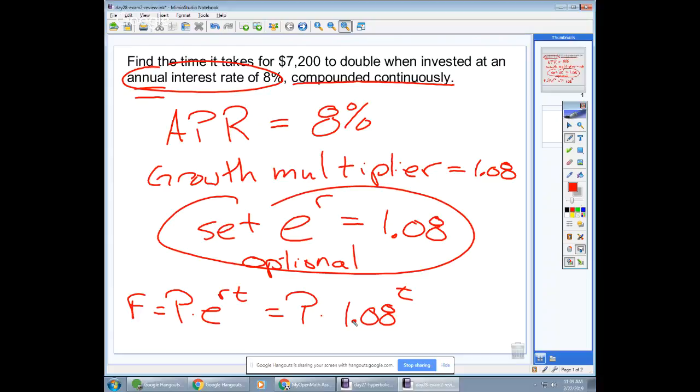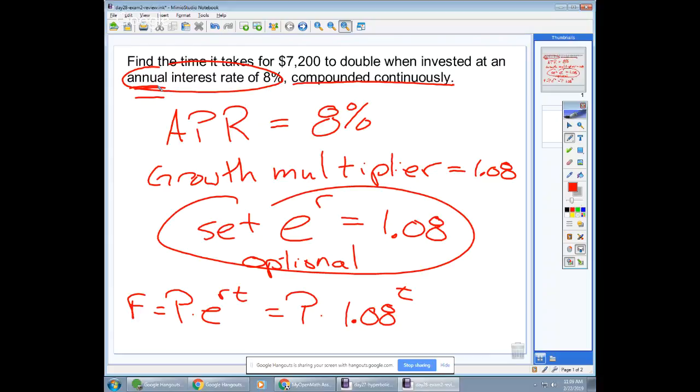Years, because it says annual up there. So the trick on this problem is to realize they gave me an APR, not the exponential growth rate, which I need for e to the RT. You can find it if you want, but it's not necessary.